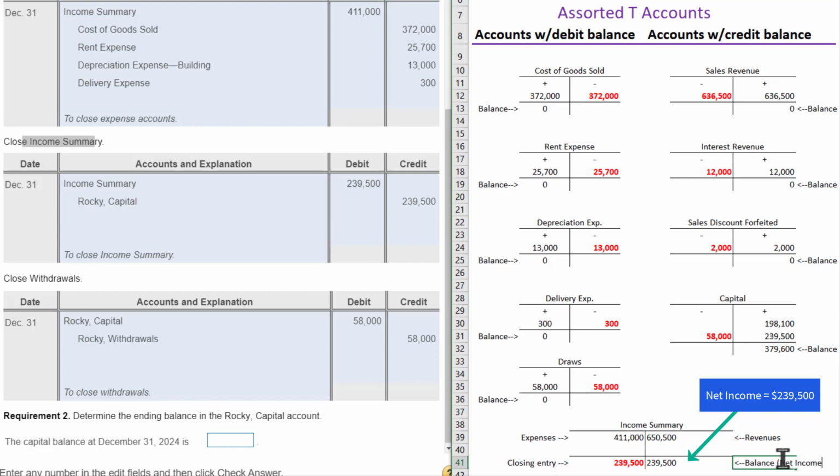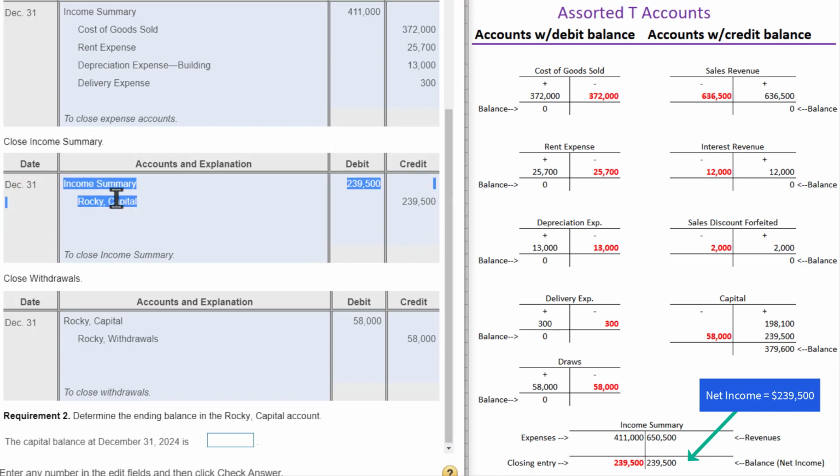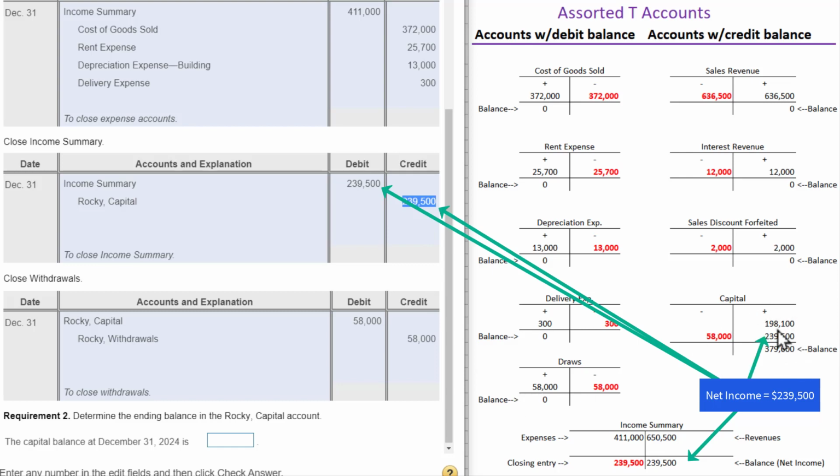One thing to check when you're closing income summary: if the number you are closing, this 239,500, represents net income, what does net income do to capital? Net income increases capital. So that's another reason why we put this 239,500 on this side: because it's net income, and net income increases capital, therefore it has to go on the plus side.